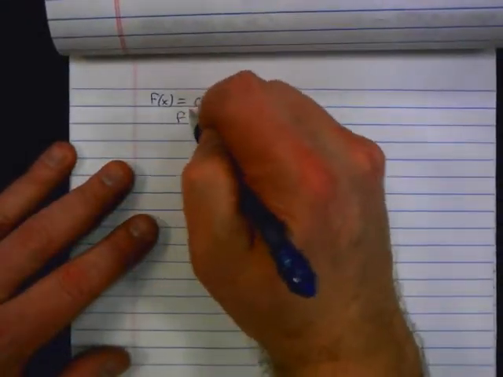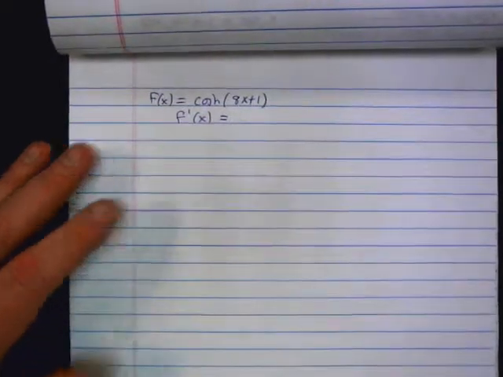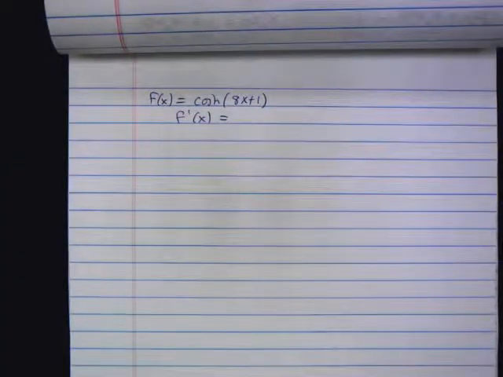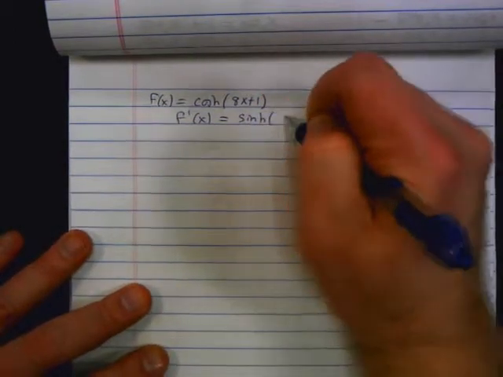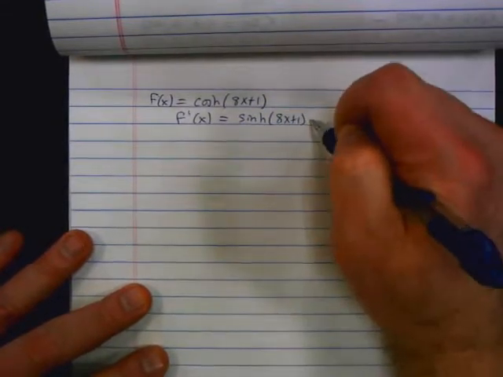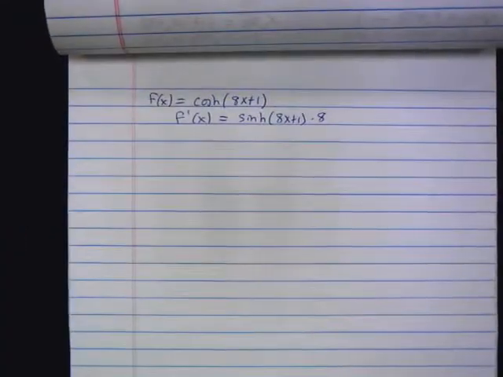Bless you. We want to know the derivative. What's the derivative of hyperbolic cosine of 8x plus 1? Hyperbolic sine of 8x plus 1 times 8. Where did that times 8 come from? Derivative of the inside, absolutely. You have to use the chain rule.